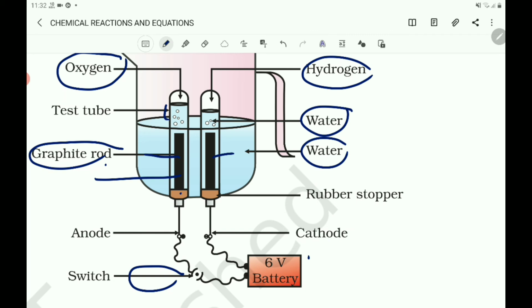H2 is present in one test tube, that is double the volume, and O2 is in the other test tube. H2 is double the volume of the oxygen. In this way you got two elements from water by the electrolysis method. This is one of the electrolytic decompositions.